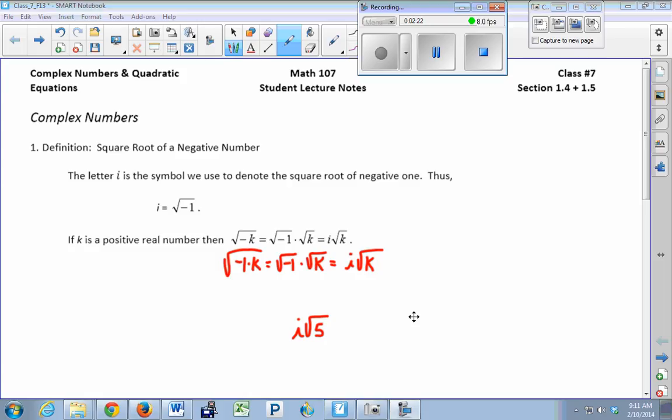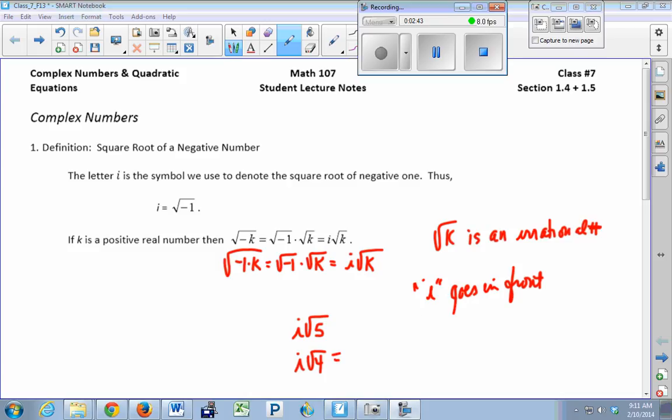So whenever the square root of k is an irrational number, i goes in front of it, okay? If k is 4, then we tend to put the i after the real number 2, the rational number. It doesn't matter, it's just the preferred way of writing it.